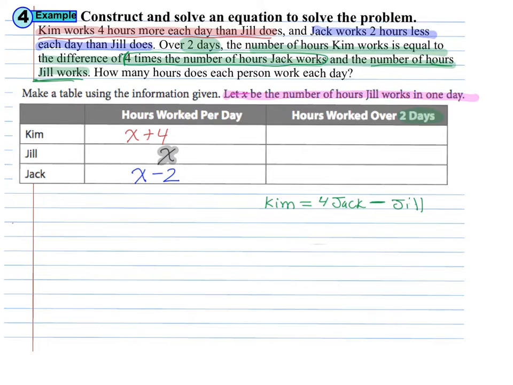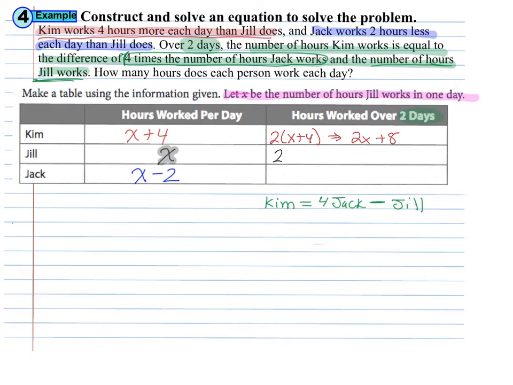Now we're going to look at the 2 days. These equations right here are for 1 work day. But we're talking about 2 work days, because this information about Kim being equal to 4 times Jack minus Jill is over 2 days. So that means we're going to multiply these equations by 2. So now we're going to have 2 times the X plus 4, which gives us 2X plus 8.